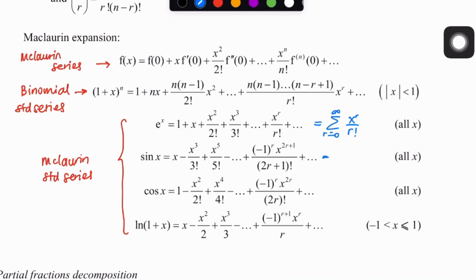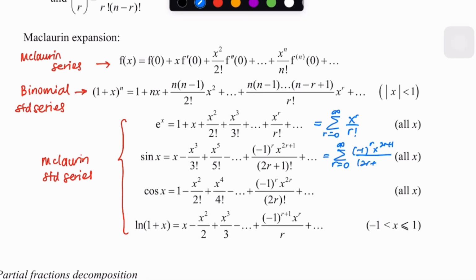Same thing, this one over here, sum from r equals 1 or 0, 0 to infinity of this.